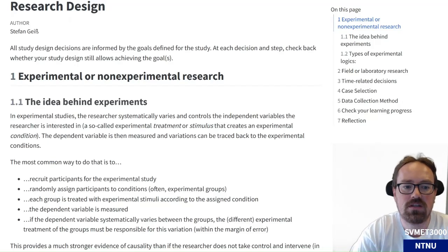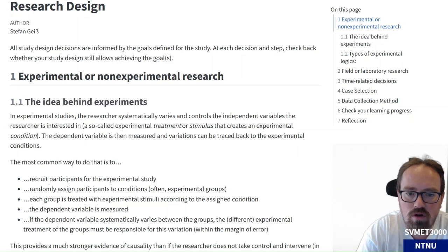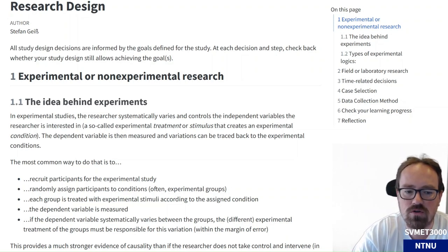What is the idea behind experimentation and an experimental design? In experimental studies, it's the researcher who takes full control of what happens by systematically varying the independent variables that the researcher is interested in.